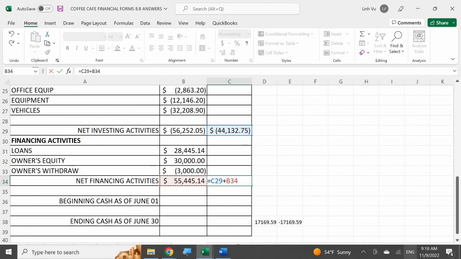You've got to add the 44,000. Right now I'm negative. So you're going to take that negative 44,132.75 and add the financing activities of $55,445.14.